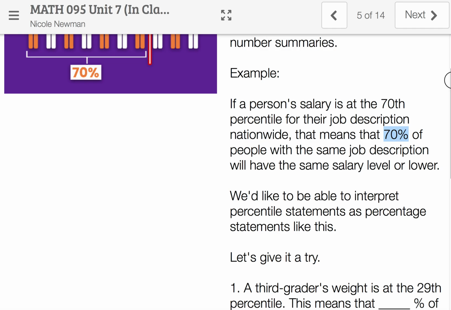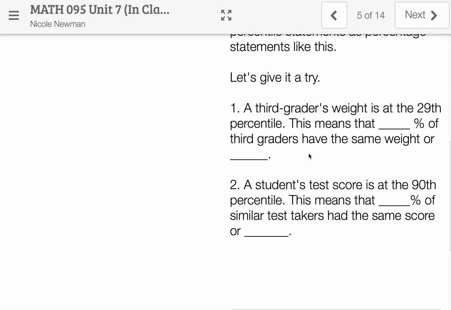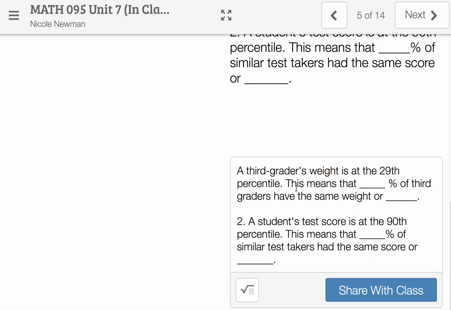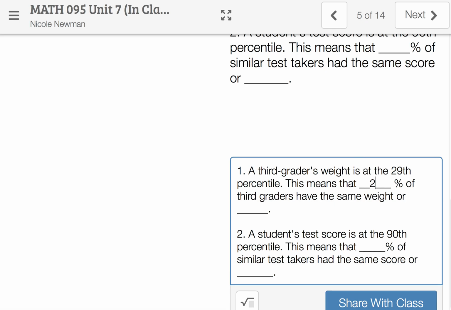We'd like to be able to do this with other percentages, so let's give it a try. I give you these two. We have the third grader's weight at the 29th percentile. I think I just copied that down here. I did. If a third grader's weight is at the 29th percentile, that means 29% of third graders have the same weight or less. Or I guess you could have said same weight or below.